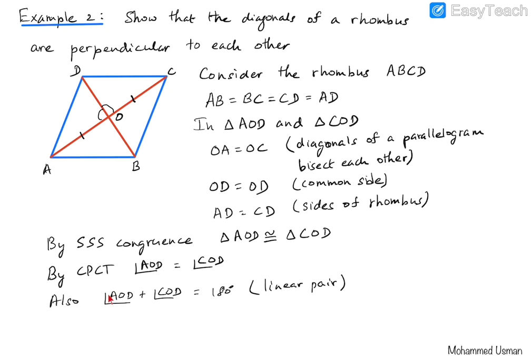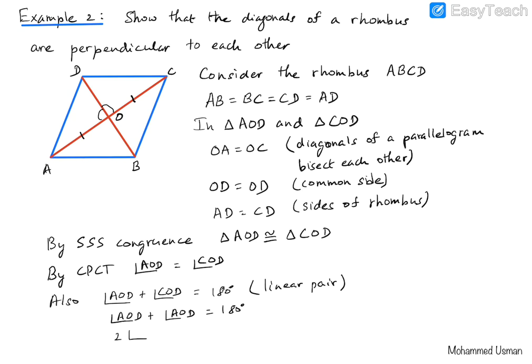And we also know by the linear pair rule that AOD plus COD is 180 degrees. If two angles have the same value and the sum is 180 degrees, each must be half of 180, which is 90 degrees. So since AOD and COD are the same, angle AOD plus angle AOD equals 180 degrees.